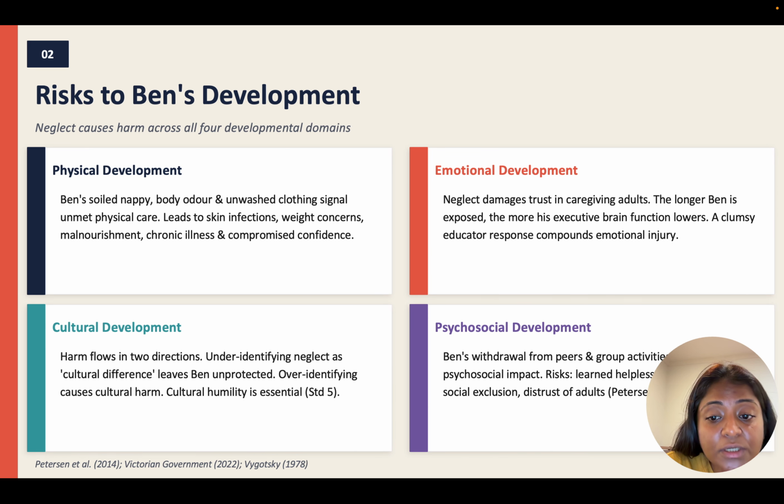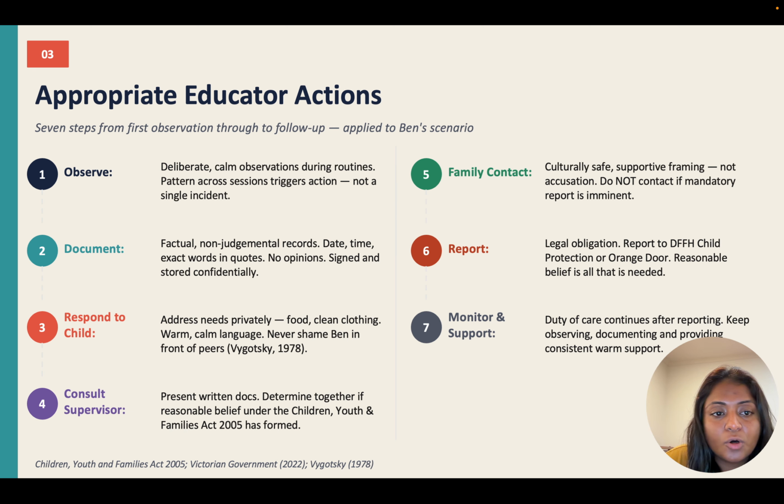And psychosocially, this can be harmful in his development. And Ben can, on the other hand, withdraw from his peers and group interactions, leading towards social exclusion, learned helplessness, and distrust of adults.